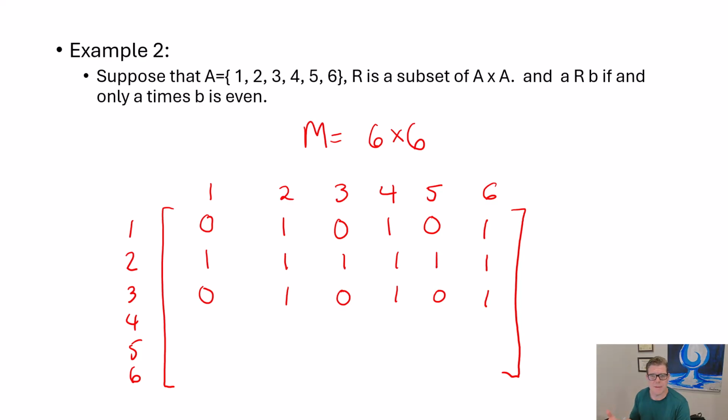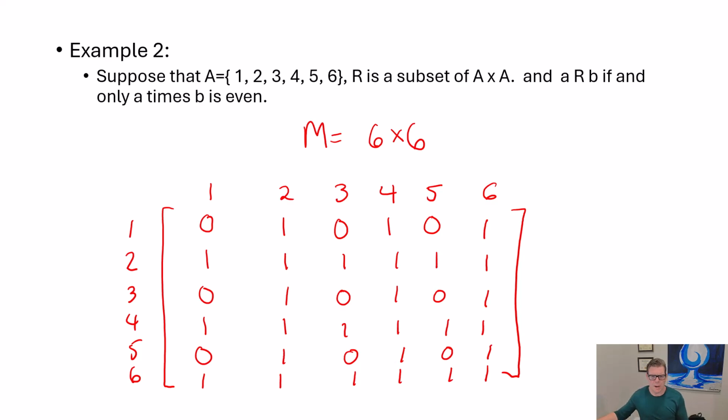Then 4 is going to be the same as 2 because anything times 4 is always even. 5 will be the same as 3. And 6 will be the same as 2 and 4. So there's our matrix representation of this particular relation where A times B ends up being even.